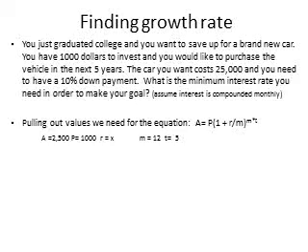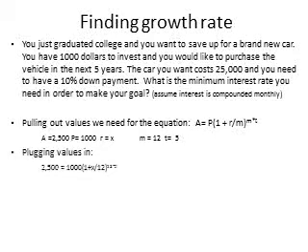R is what we're solving for, so I'm going to just say that's x. M is 12, and T, the time that we need this by, is 5 years. Plugging these values in, we get 2,500 equals 1,000 times 1 plus x over 12 raised to 12 times 5. And then the rest of this work is going to be continued on the next slide.